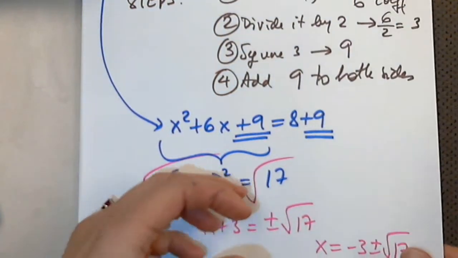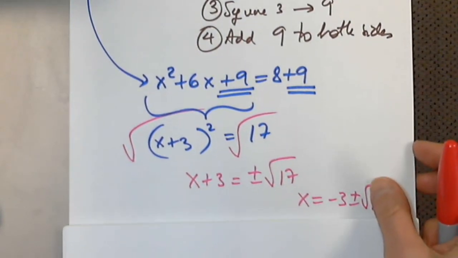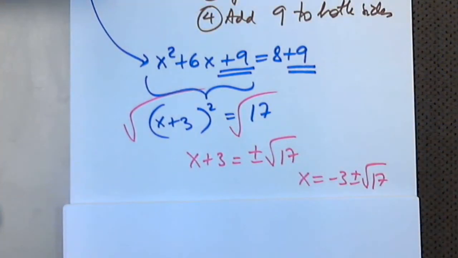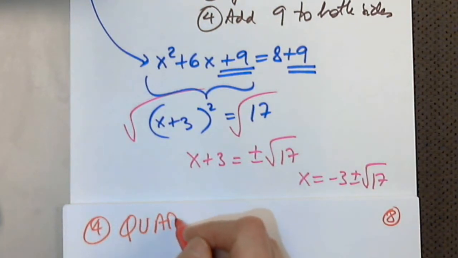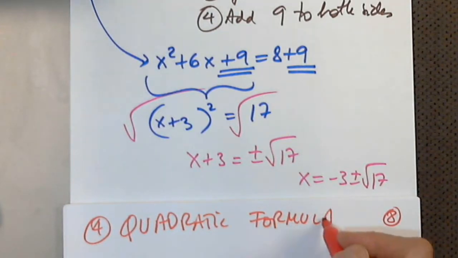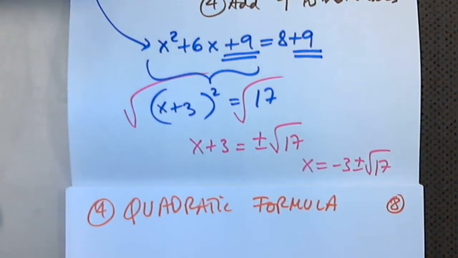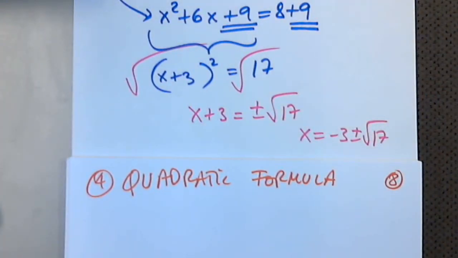If the problem is asking you to complete the square, you cannot. You can check with the quadratic formula. And this is the last method here. So number 4, quadratic formula. Please give me any equation you want. Any quadratic, I meant to say, sorry.